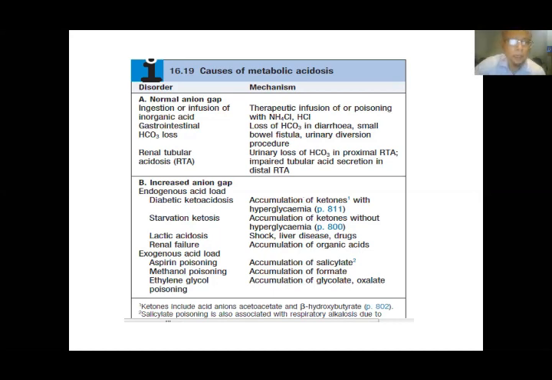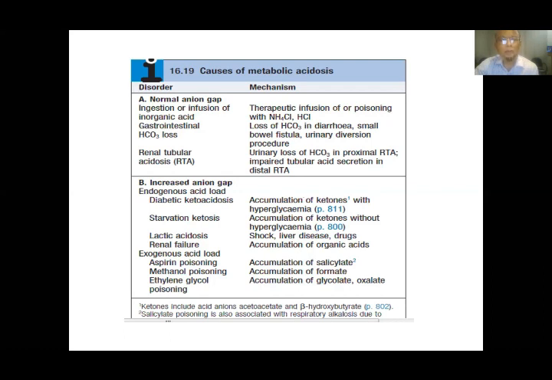Then if there is any gastrointestinal loss of bicarbonate, say in case of acute diarrhea, acute losses of electrolytes, mainly the bicarbonate, and if there is any small bowel fistula or any urinary diversion procedure, there will be loss of bicarbonate and you will get the metabolic acidosis.